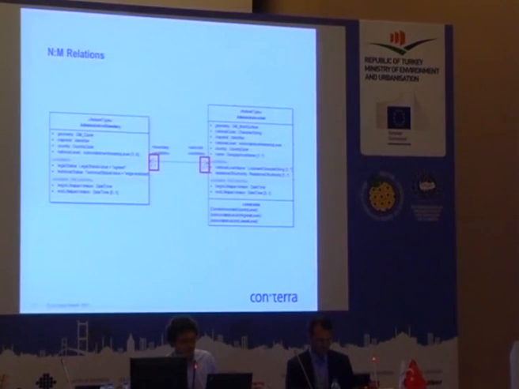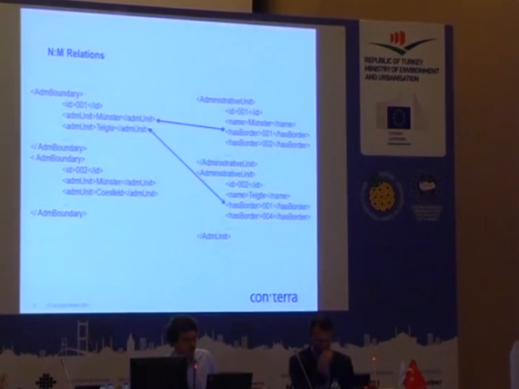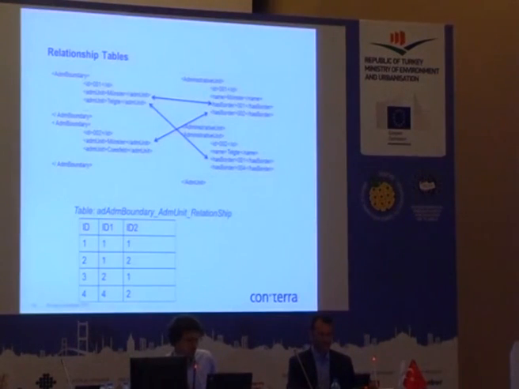Sometimes you even have many-to-many relations. I'm not sure if I will have enough time to cover this also in my workspace, but the solution for this is that it's just put into an additional mapping table so that you can have the relation that is represented by these arrows in a table.